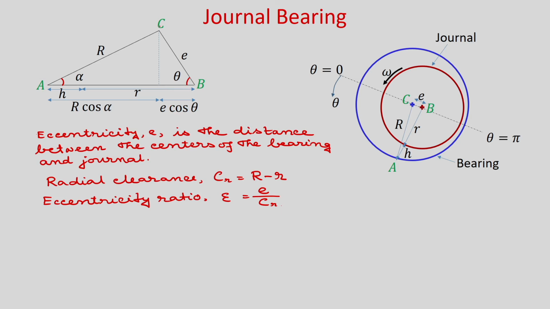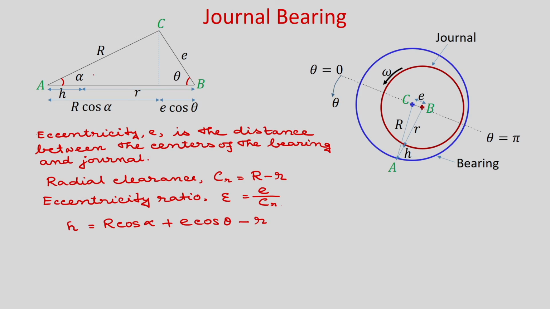Similarly, the component of AC along AB will be R cos alpha. So from here we can say that h, the film thickness, which is a function of x, is equal to R cos alpha plus E cos theta, and minus this r. So minus r. So this is h.